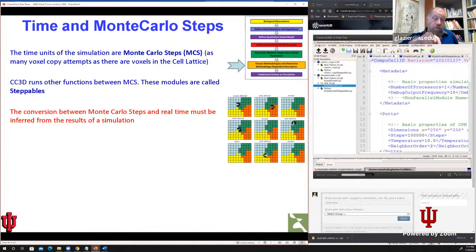In a pixel copy attempt, I pick one lattice site and one neighboring site. I try to update the neighbor, overwrite the neighbor. I evaluate the change of energy, and I determine by rolling the dice whether I make the change or not. That happens at one point in the simulation at each microstep.